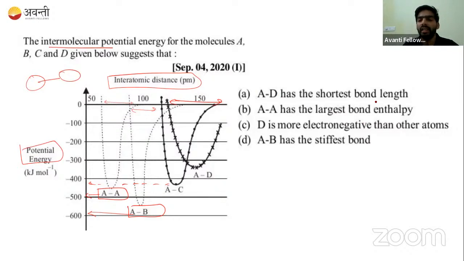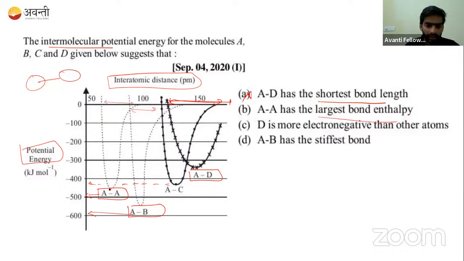What is it telling? AD has the shortest bond length, but here we can see that this AD molecule has the larger bond length than the other molecules. So this is the wrong statement. AA has the largest bond enthalpy.